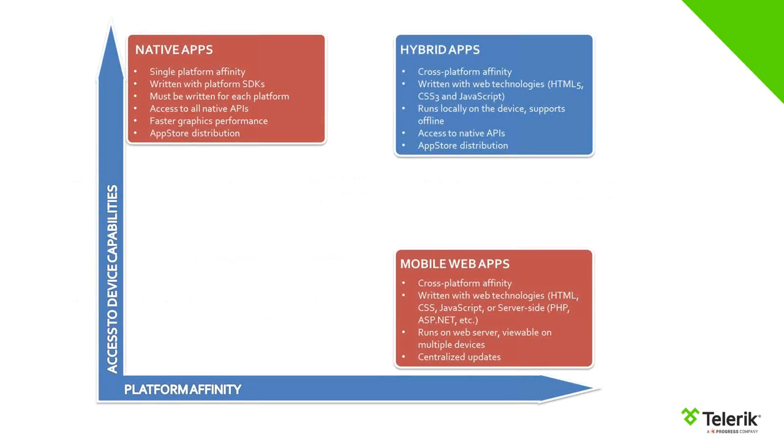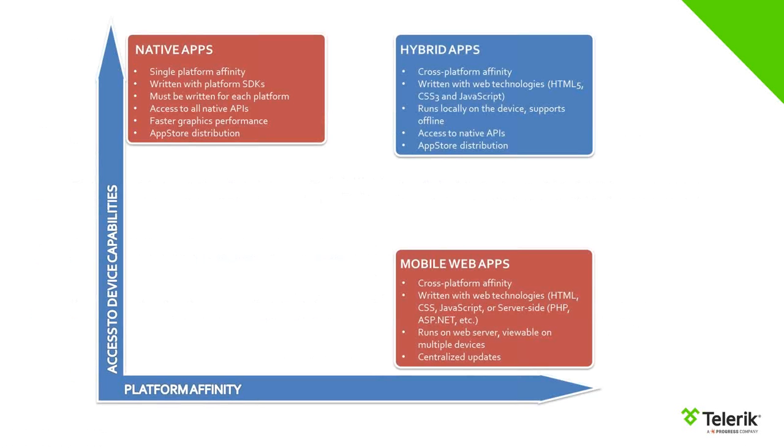So let's first take a native application. If I create a native application, it has zero platform affinity, meaning if I create an iPhone app, it can run only on iOS. It can never run on the Android platform or the Windows platform. It's the same if I create a native Android application: it can run only on Android OS, not on Windows Phone or iPhone.